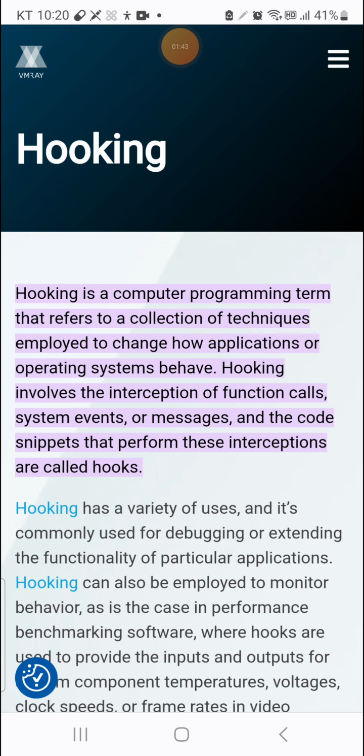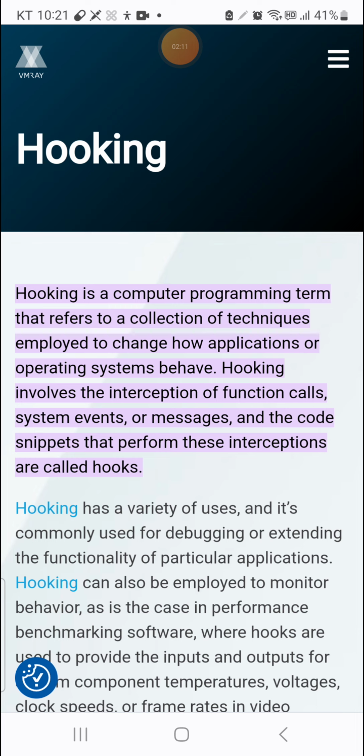Hooking. Hooking is a computer programming term that refers to a collection of techniques. It's not just one technique, but a collection of techniques employed to change how applications or operating systems behave.